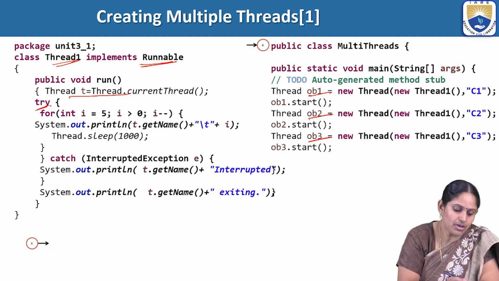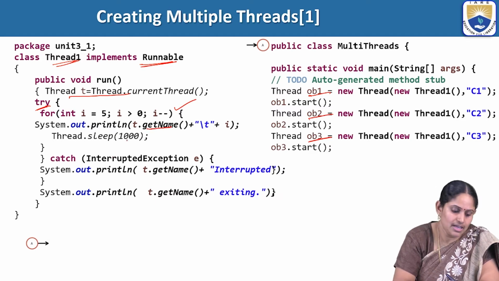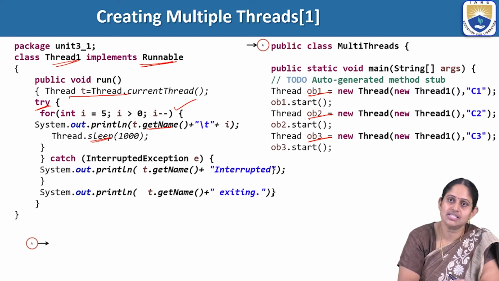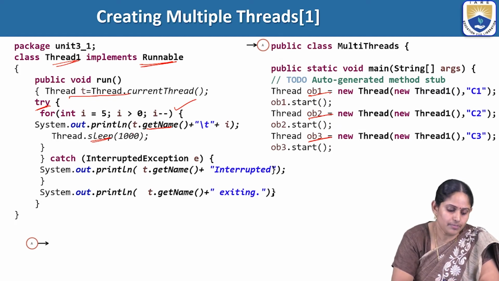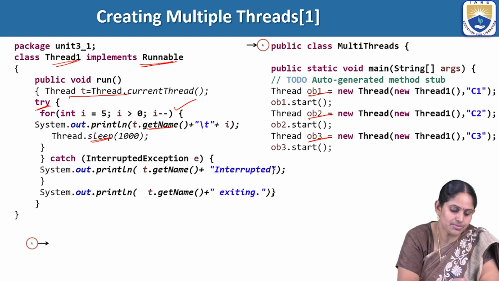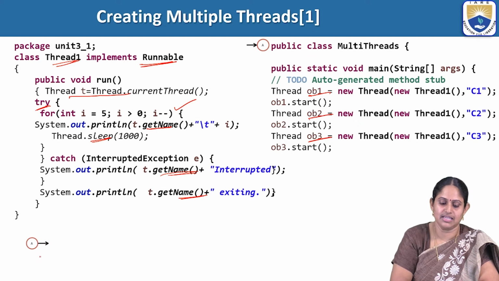Inside the try block, we are using a for loop to get the name of the currently executing thread. Now we are calling sleep on this thread. If any exception is thrown here, it will be caught by the catch block and handled.